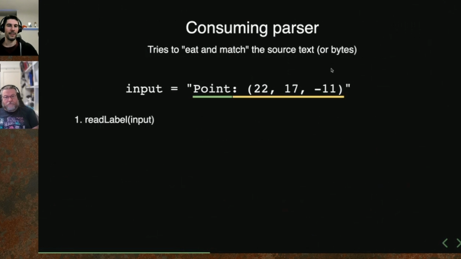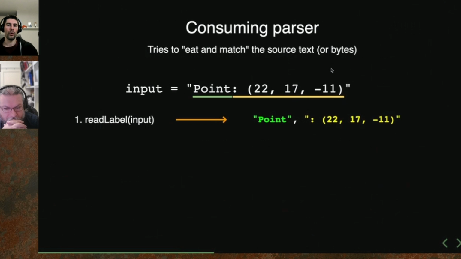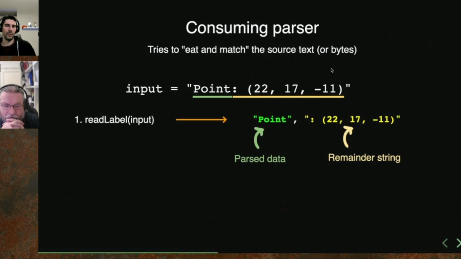So when you call read label, it's going to consume as much as it can. It's going to extract point, and then there will be a remainder of the string. Generally what you consumed is the parsed data, and then you have the remainder. So this is generally the output of this kind of parsers. They always read a little bit, extract some information, and they return whatever was extracted plus whatever else is remaining in the string.